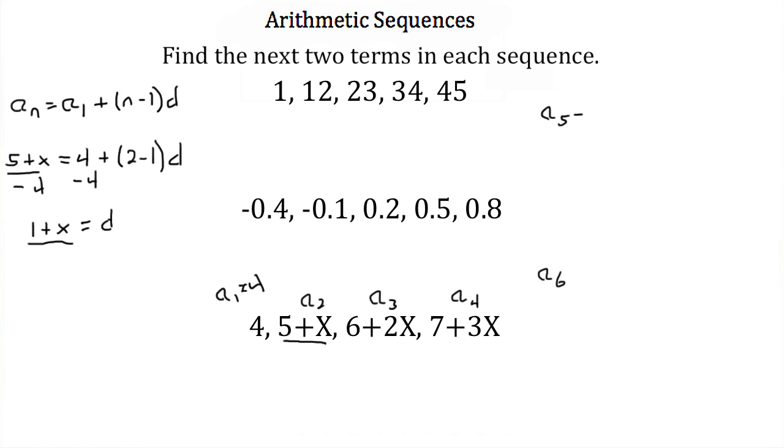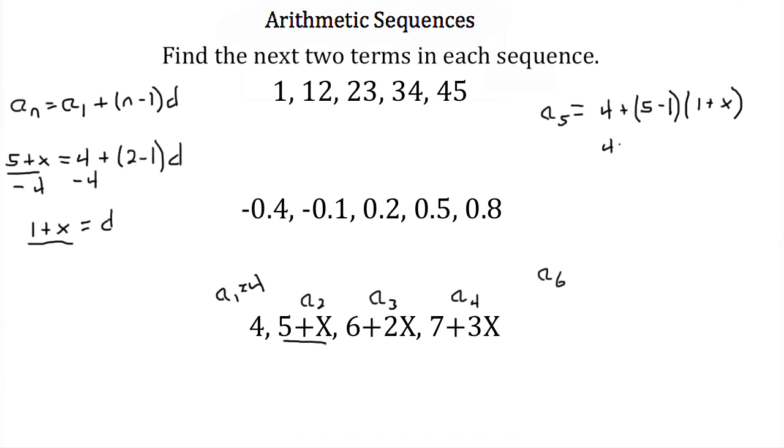Now a5, again we're going to use the formula. a1, or our first term, is 4. And then we're going to add to it, our n is 5 because we're looking for our fifth term. Subtract the 1, and then our common difference is 1 plus x. So let's simplify this.